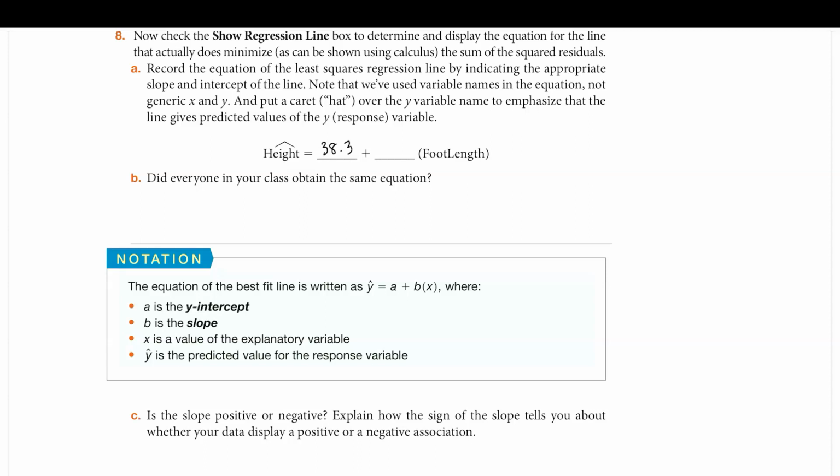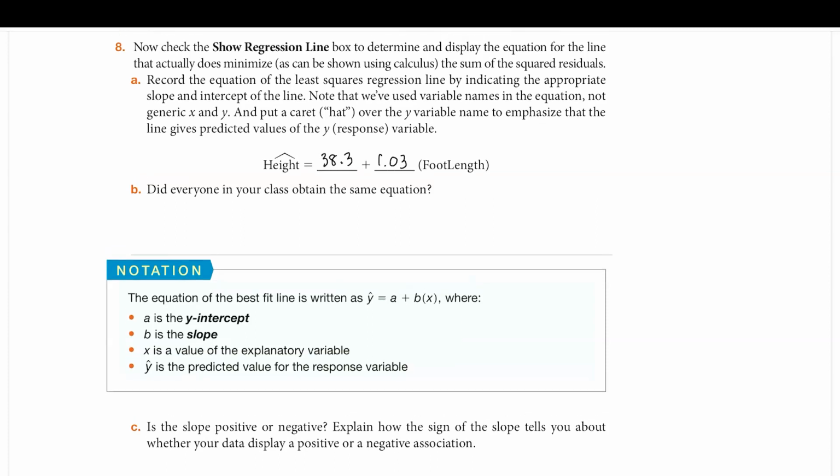So the regression line equation, it asks us to write it here, is 38.3 plus 1.03 times foot length. So that's what we call the regression line. Sometimes you'll see it called the least squares regression line, again because we minimize, made as small as possible, the sum of those squared areas.